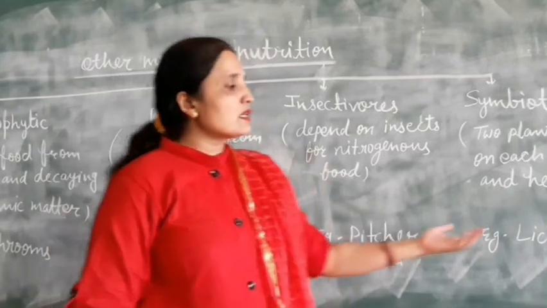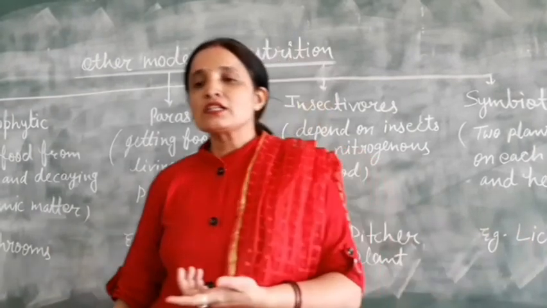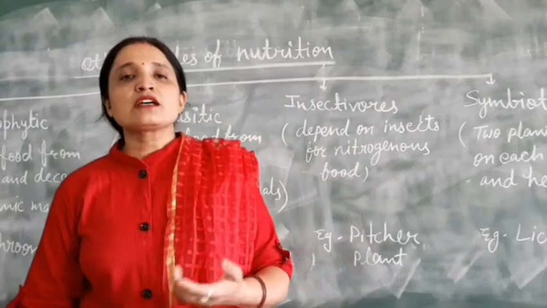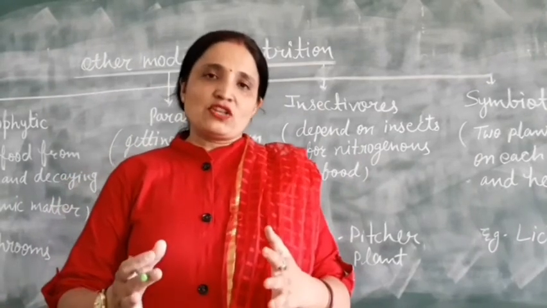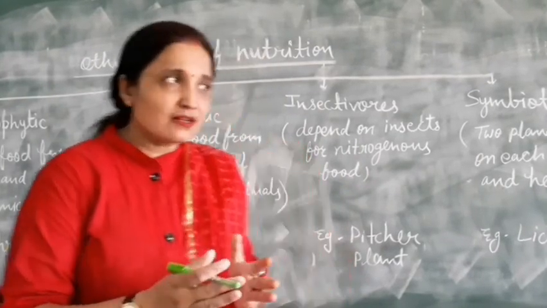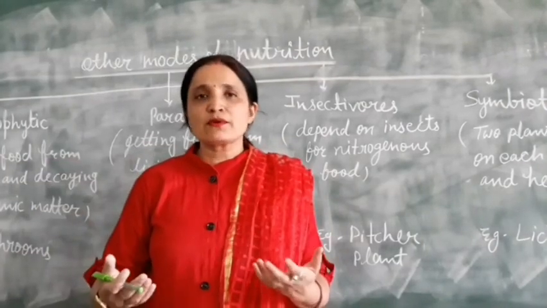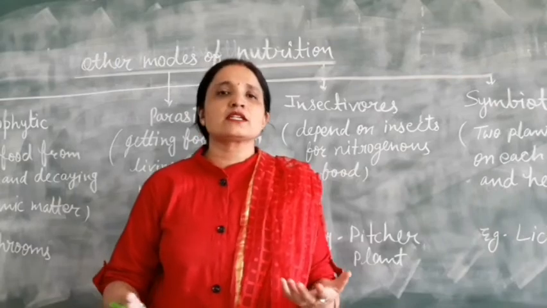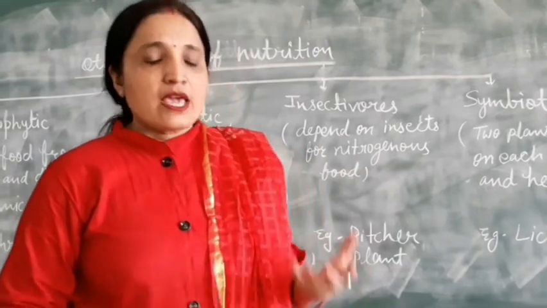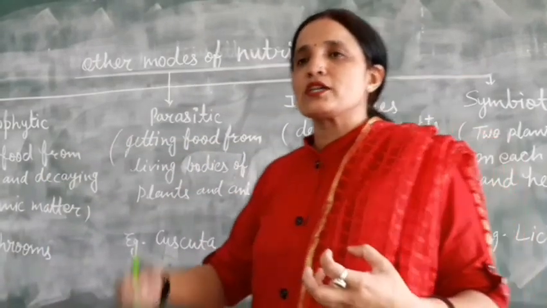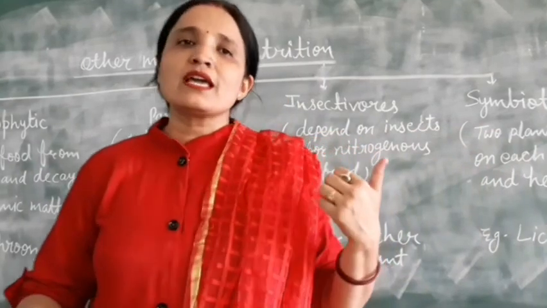For example, the lichen plant. In lichen, there are algae and fungi living together. Algae form food by the process of photosynthesis because they contain chlorophyll, and fungi absorb water and minerals and give them to the algae.